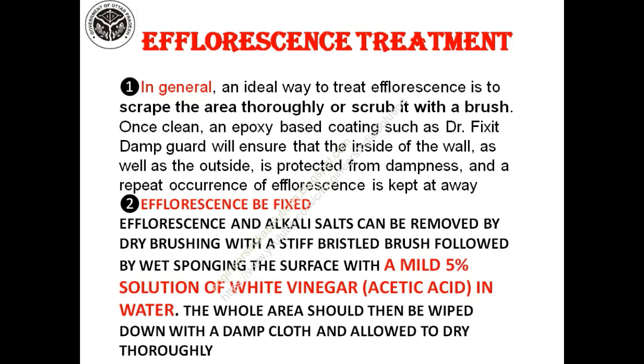White vinegar is also known as acetic acid. So you take 1 liter of water, add about 5% of acetic acid, wipe the surface where you find the efflorescence, and let it dry thoroughly. Then it will at least reduce the effect of efflorescence.